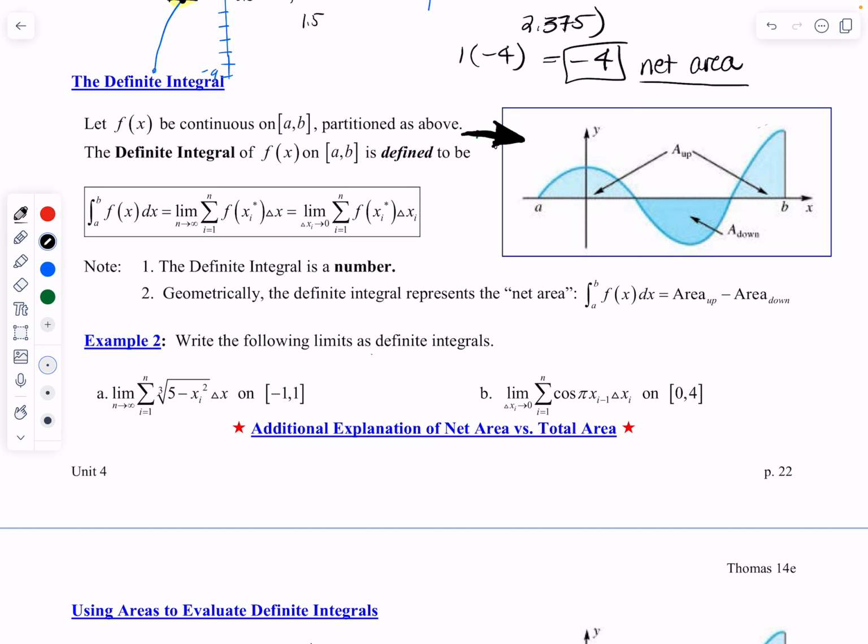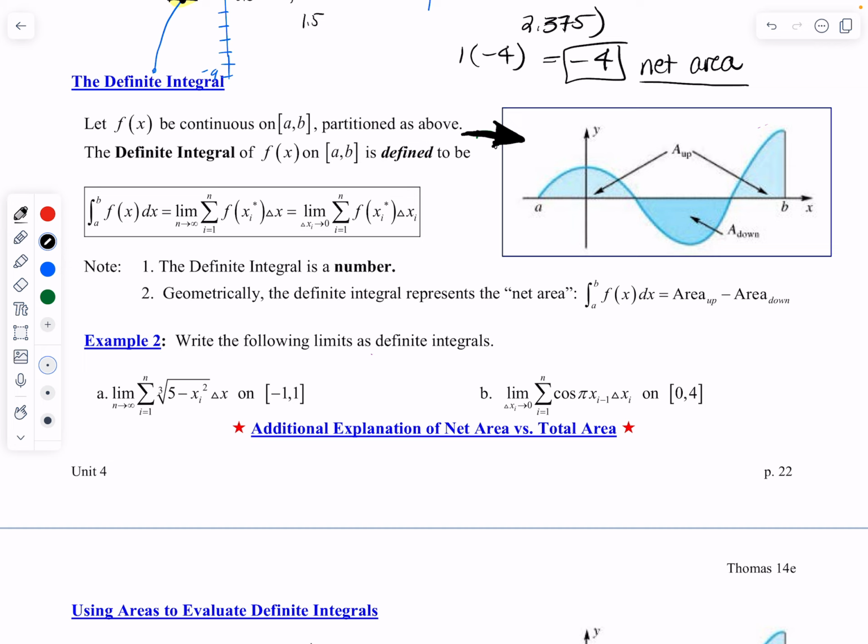So what they're saying is I have infinitely many rectangular regions underneath or above the curve. When I have those teeny tiny rectangles, then I get a more precise value of the area.